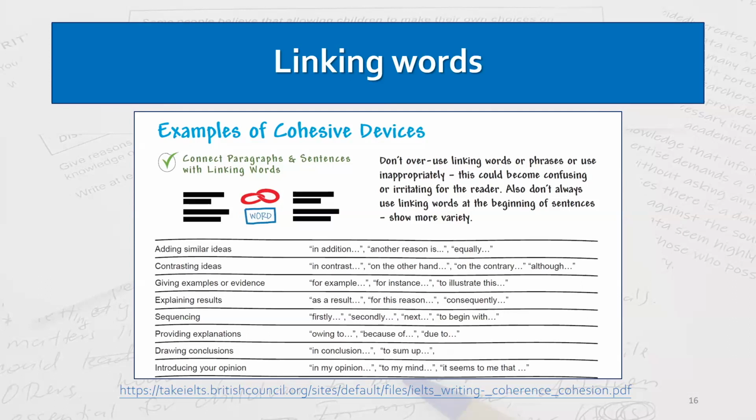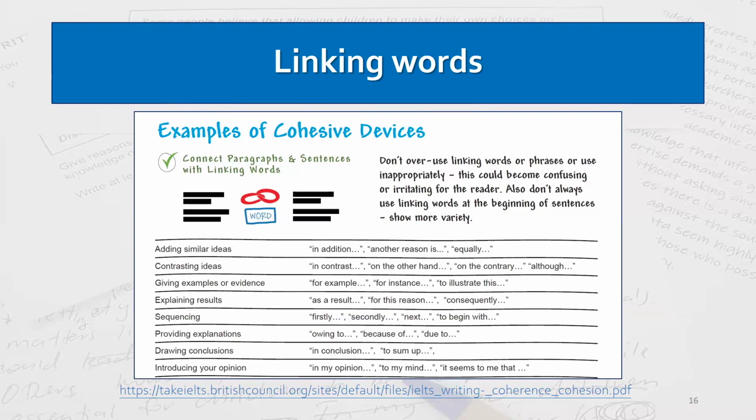But basically, the idea that you need to have is that we can use words like first, second, third, in addition, in conclusion, all these linking words in order to connect our ideas appropriately. But bear in mind, be careful not to overuse these words, right?